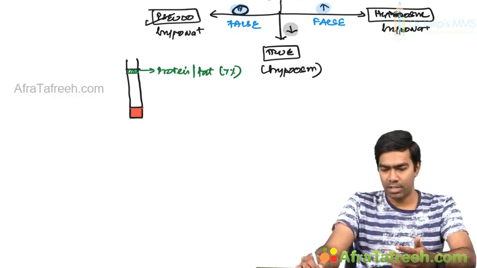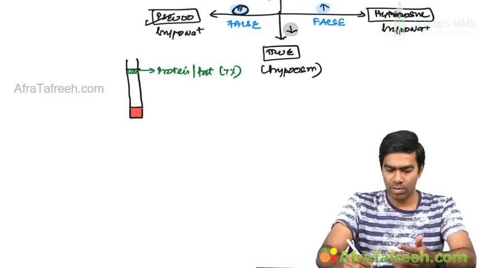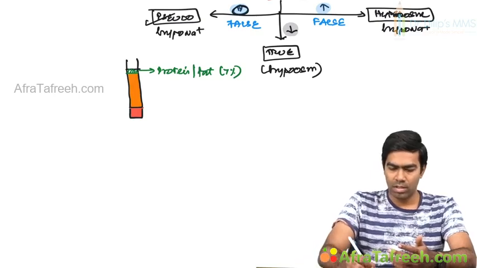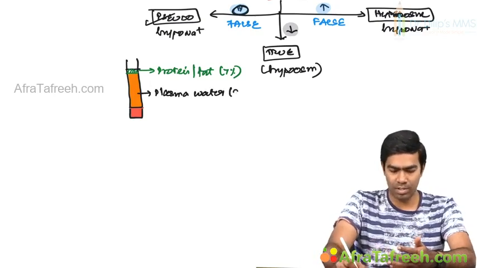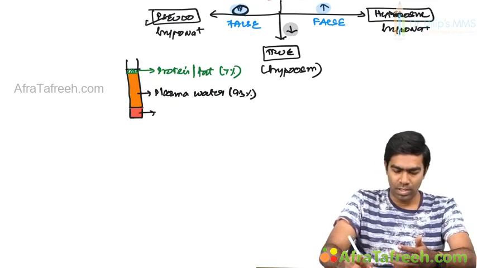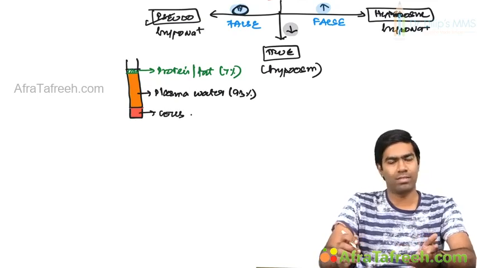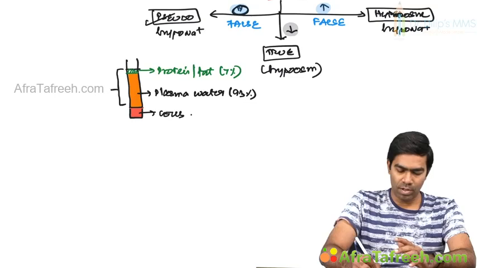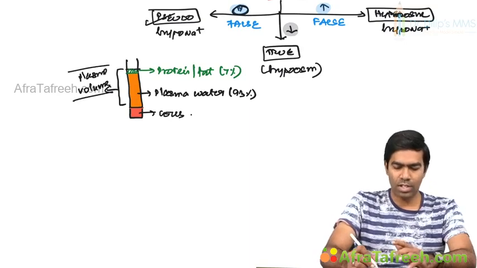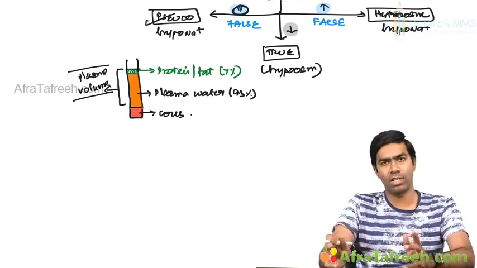The remaining 93% is contributed by the plasma water. So the plasma water contributes 93% of the plasma volume. These are the cells that form the hematocrit, which we are not going to discuss now. This is the total plasma volume, a combination of both plasma water as well as the protein and the fat component of the plasma.